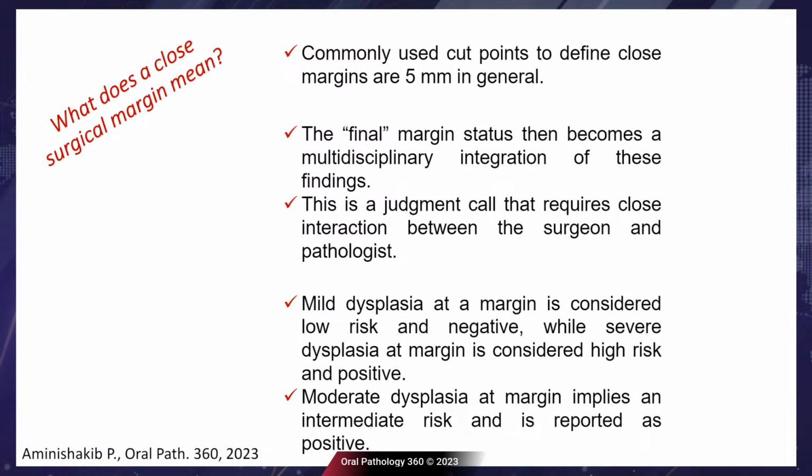When you have severe epithelial dysplasia at the surgical margin, it is recommended to be considered as a positive and involved margin. About moderate dysplasia, it seems that there is a higher risk for recurrence and transformation to cancer. Then it is recommended to consider it as an involved or positive surgical margin.